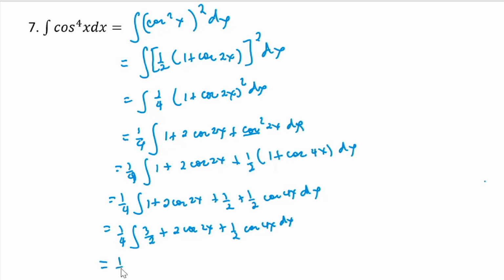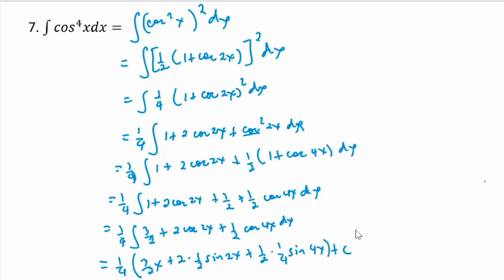We can write now 1/4 of 3 halves is 3 over 2 x plus the integral of 2 cosine 2x, which can be written as 2 times 1 half of sine 2x, plus the integral of the third term, we have 1 half times the integral of cosine 4x, we have 1/4 of sine 4x, and then plus a constant.